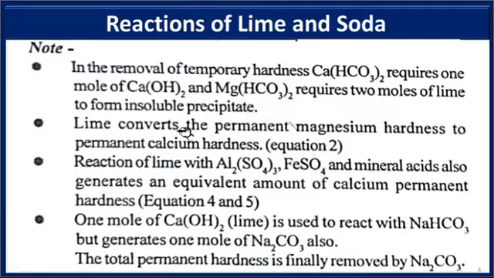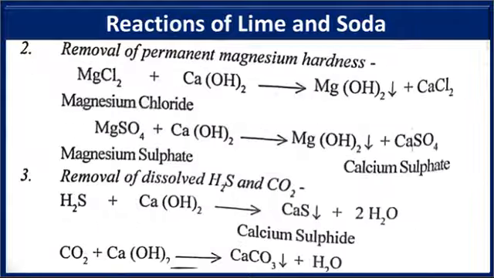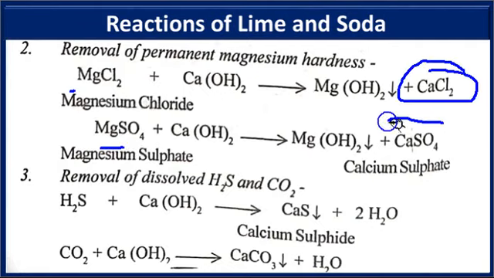Second point, lime converts the permanent magnesium hardness into permanent calcium hardness, which requires soda for its removal. See all the reactions here in which lime reacts with magnesium permanent hardness and generates an equivalent amount of permanent calcium hardness, and for removal of permanent calcium hardness, soda is required.